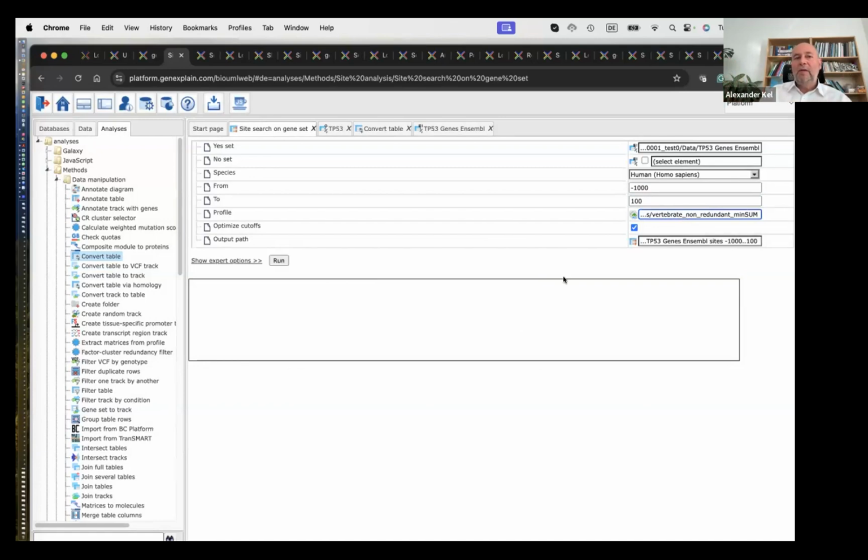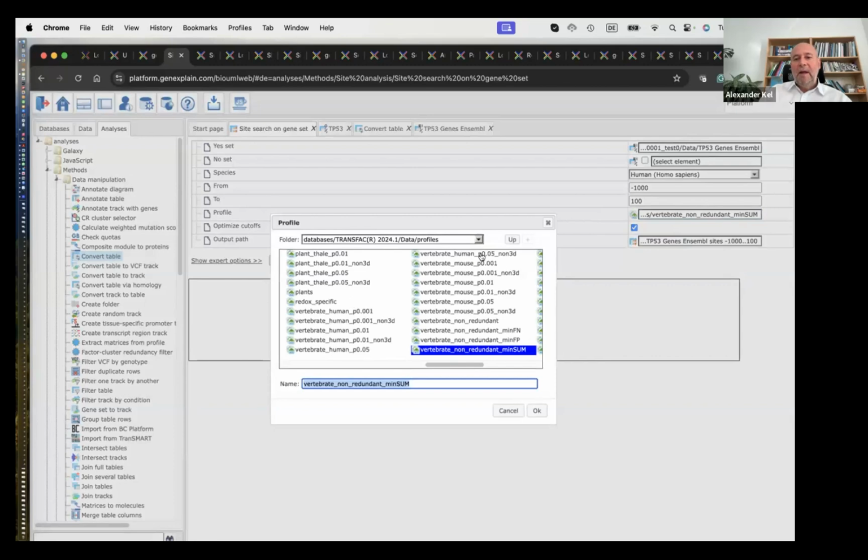It's a very small profile of motifs, where we select one motif for each class of factor, just for a quick search. But if you want to apply all motifs, you have to select here, for instance, the vertebrate human P001 profile, which means all vertebrate motifs with optimized cutoffs.